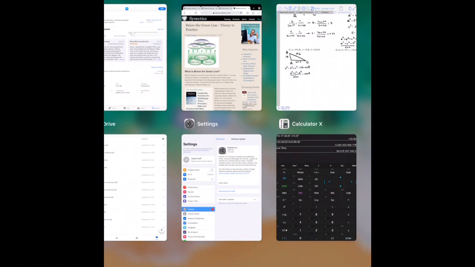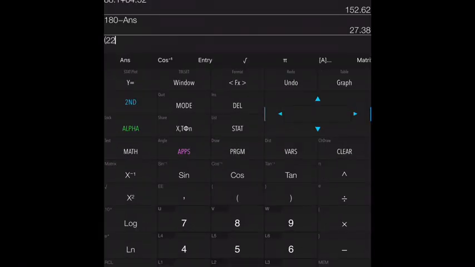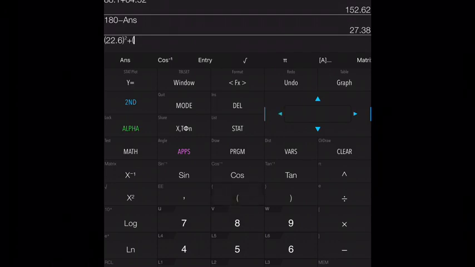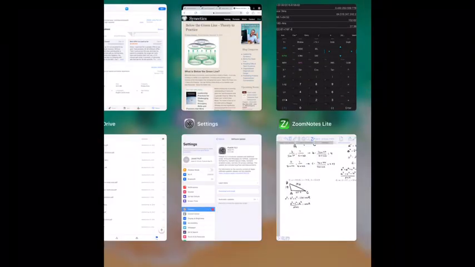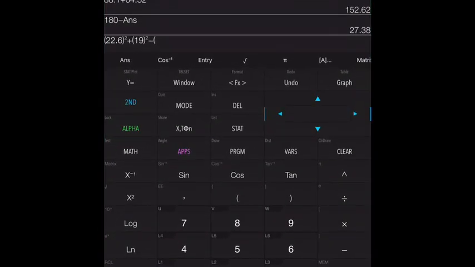We're going to have b squared plus c squared. So b is 22.6 and c is 19. So 22.6 squared plus 19 squared, and then we subtract a squared, and a was 19.6.